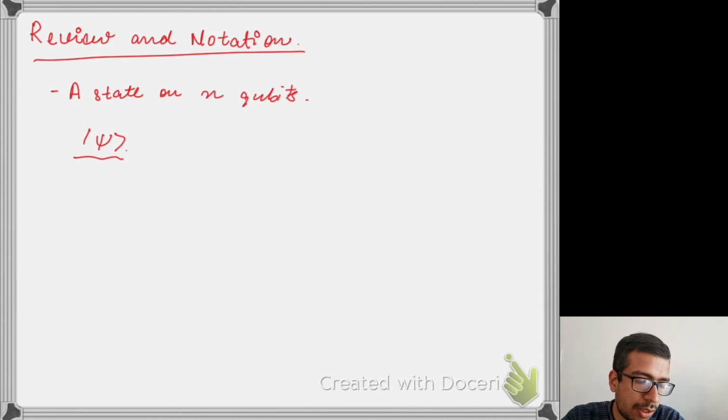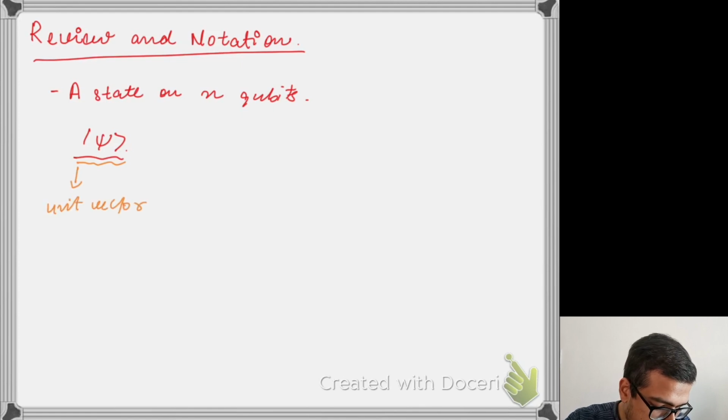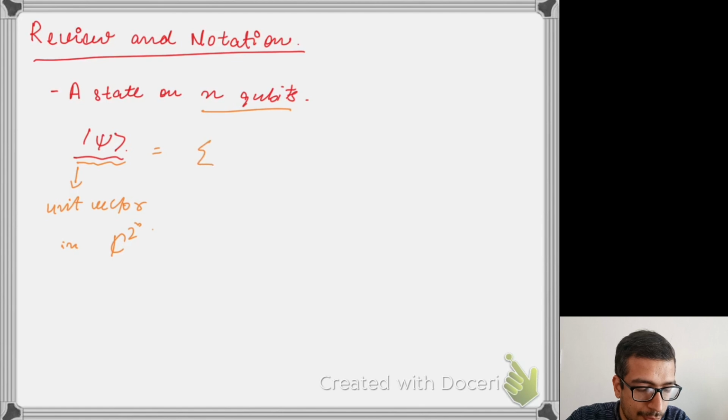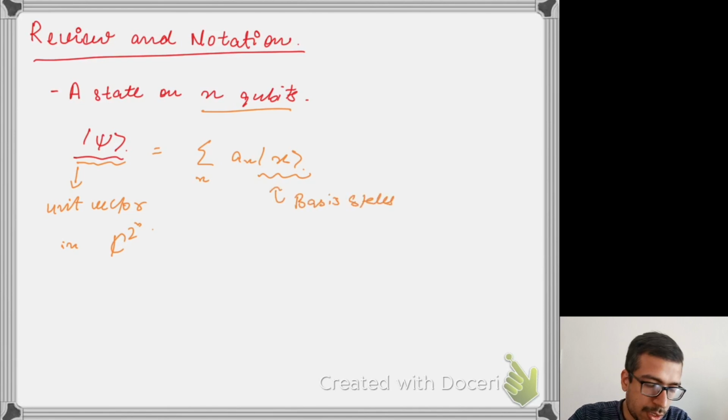Ket is the general notation for representing a vector or a quantum state, and this is supposed to be a unit vector in 2 to the power n dimensional space. For n qubits we have a 2 to the power n dimensional space, and we can always express it as a linear combination of basis states, and the a_x are the coefficients associated with these basis states.